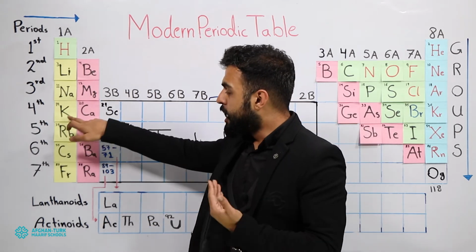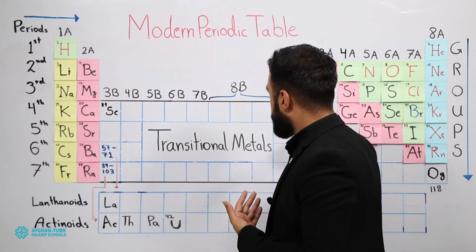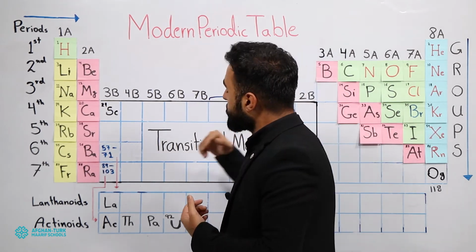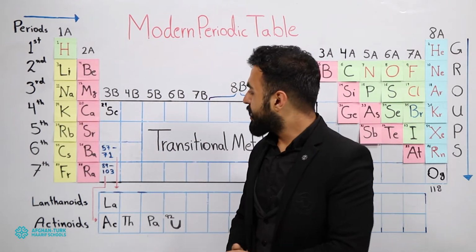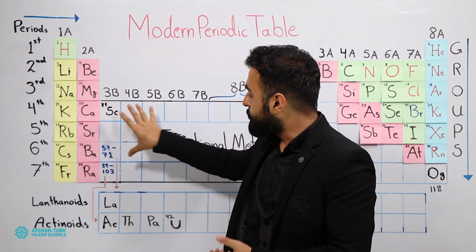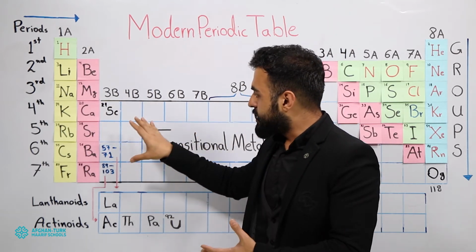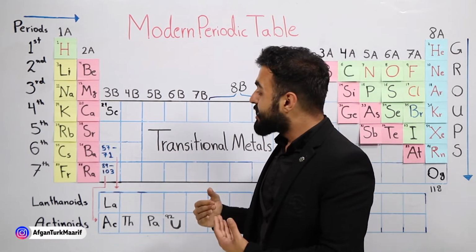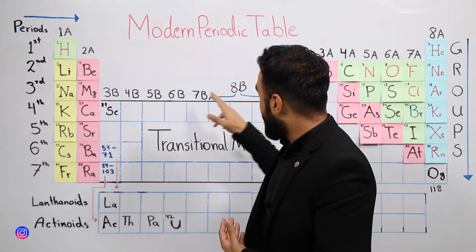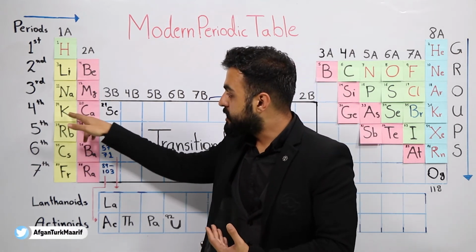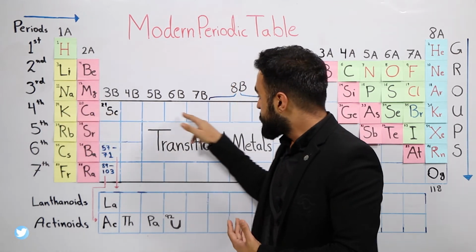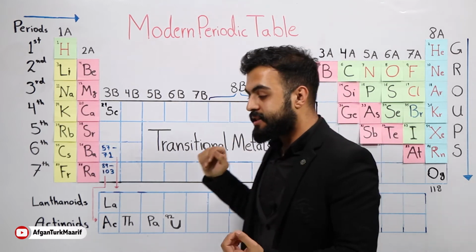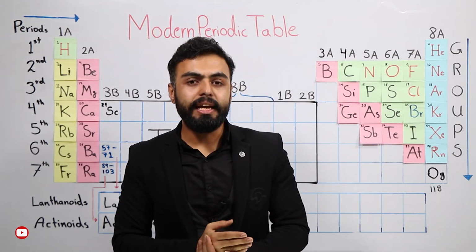It starts with potassium and ends with krypton. Why is it a long period? Because in this part, some new elements are added to the table. They are called transition metals. From here, 10 elements are added to this group. So 2 here, 10 here, and 6 others. They are totally 18.